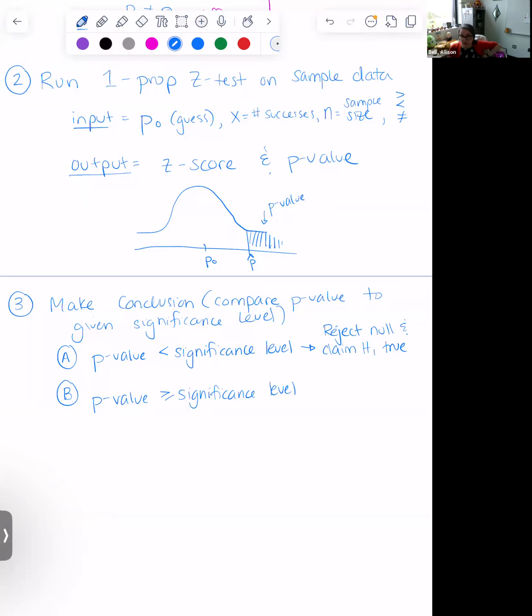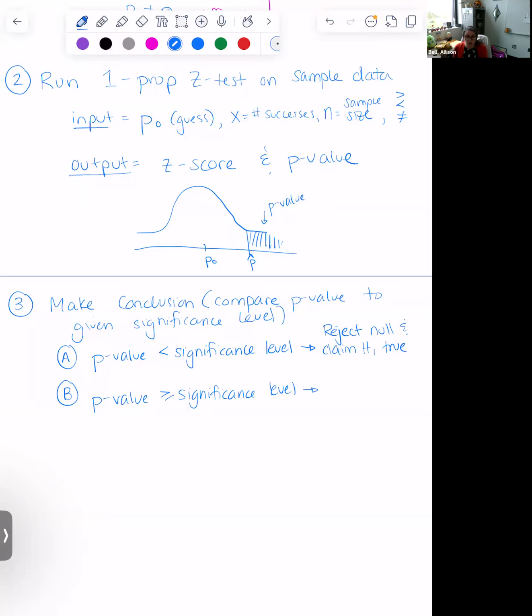We would have to put that into words. So we would have to say, like, there is evidence that the proportion has gone up, or there is evidence that the proportion has gone down, or there is evidence that the proportion is different than the guess that we were given. Okay, so that was what rejecting the null means.